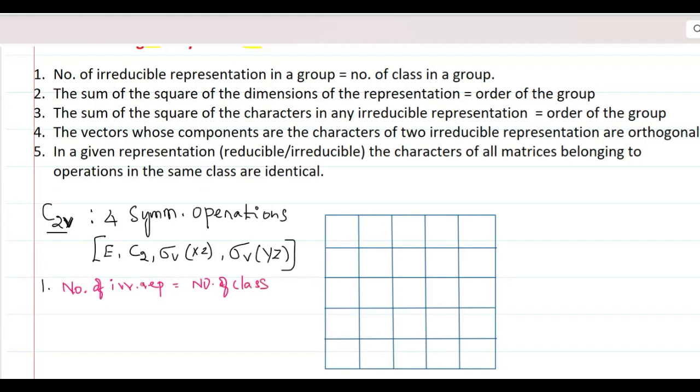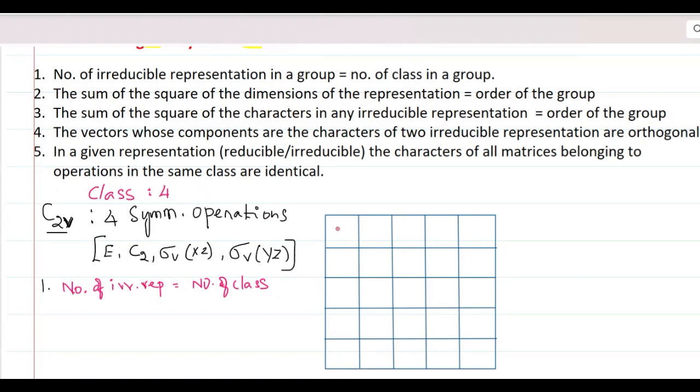In C2v, as we said, 4 symmetry operations are there: E, C2, sigma V XZ, sigma V YZ. And the number of classes will be equivalent to 4. The 4 classes are the same symmetry operations here.